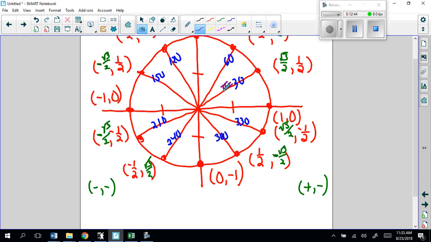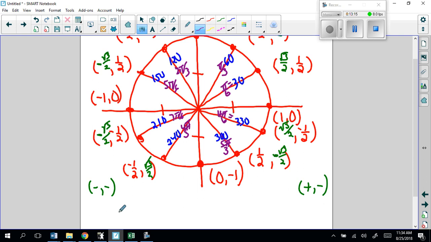So, pi over 6, pi over 3, 120 is 2 pi over 3, 150 is 5 pi over 6, 210 is 7 pi over 6, 240 is 4 pi over 3, 300 is 5 pi over 3, 330 is 11 pi over 6. It's nice to have all those, just in case you get asked a radian question.